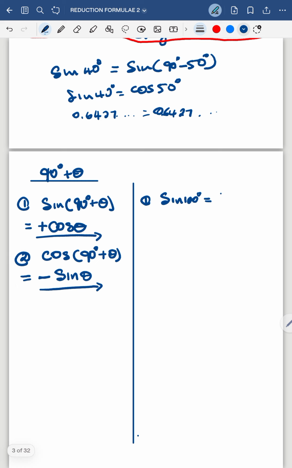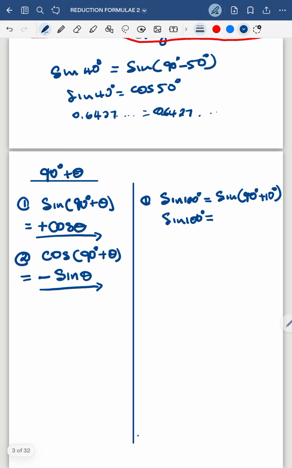Okay, so you're going to have sine, then 90 degrees. So if we expand this, 90 degrees plus 10, ne? It's going to be the same thing as this. So now sine 100 degrees, guys, this is what I just created.